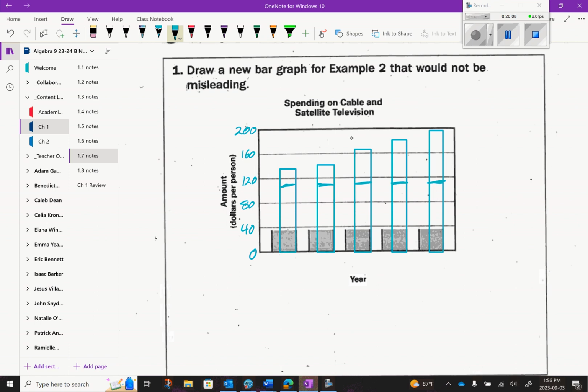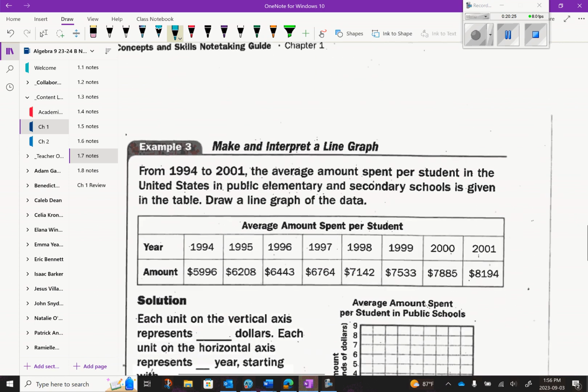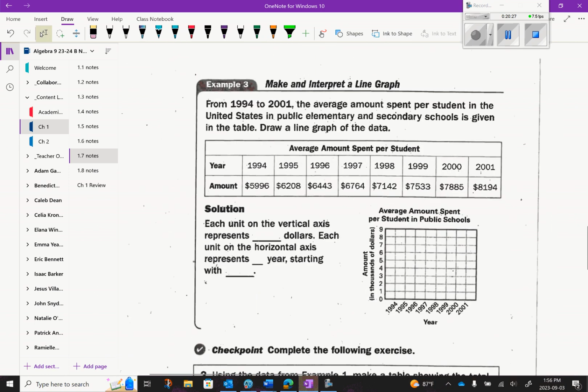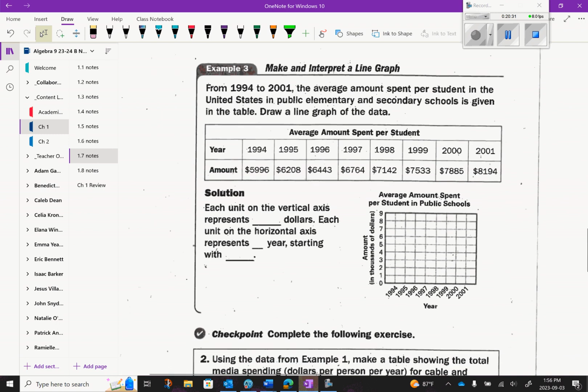The width of those rectangles has absolutely no meaning whatsoever, so we would try to make them consistent. But I had a really hard time with OneNote using these rectangles; they started down at the bottom. All right, so that's a bar graph, a bar chart, sometimes called.